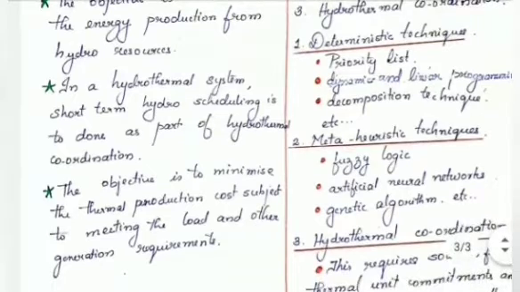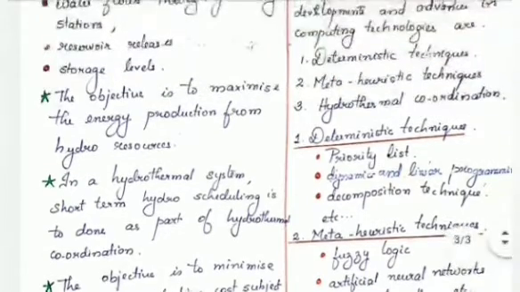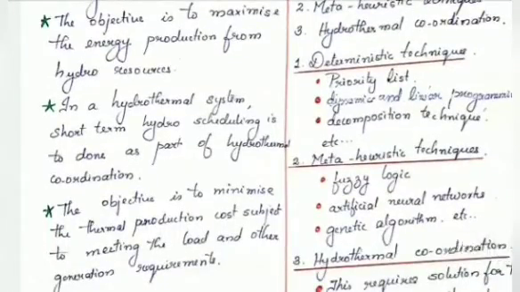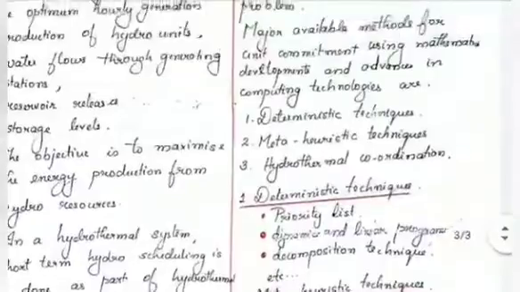The objective is to minimize the thermal production cost subject to meeting the load and other generating requirements, whereas we also have to maximize the energy production from the hydro resources.